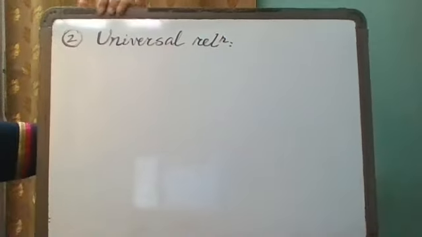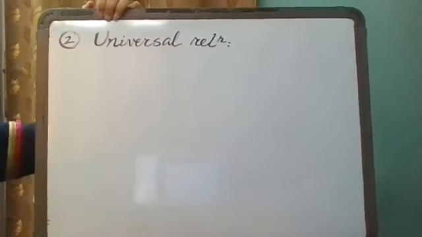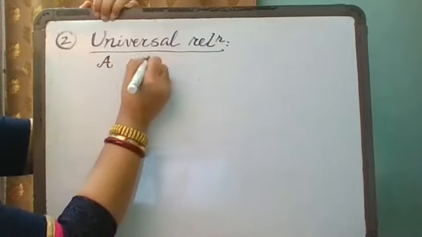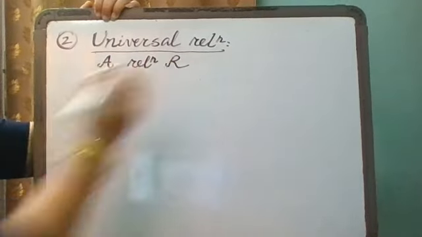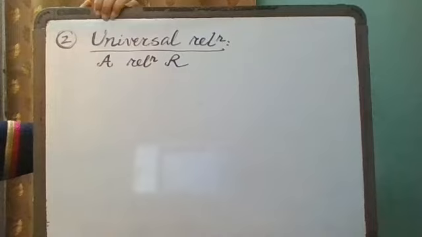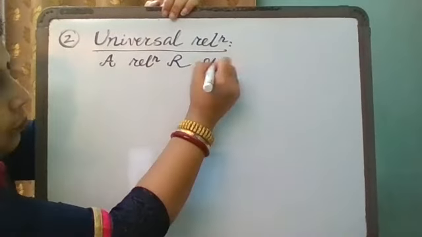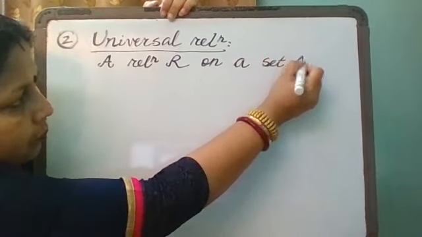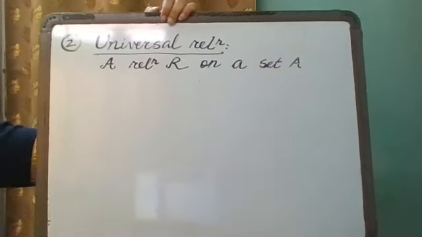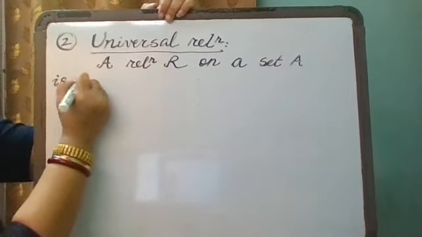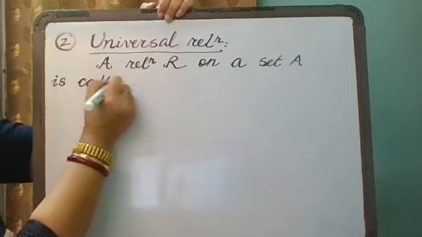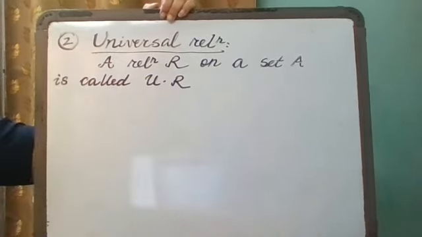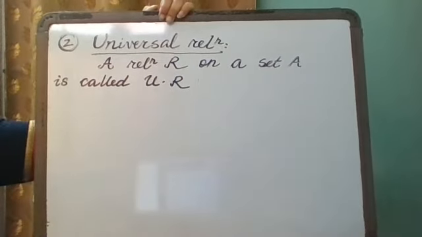Now write. Under this point, please write. A relation R on a set A is called universal relation. I'm just writing UR so that you all can understand universal relation.